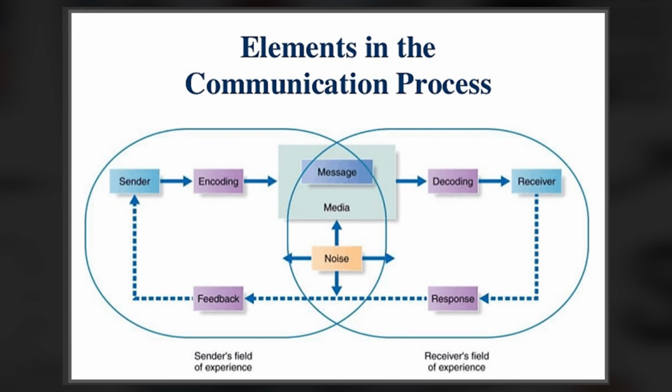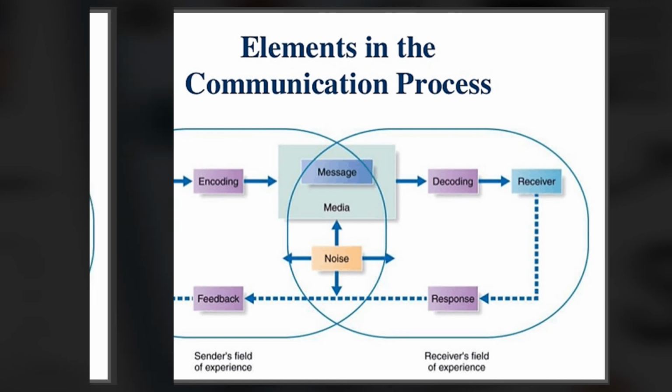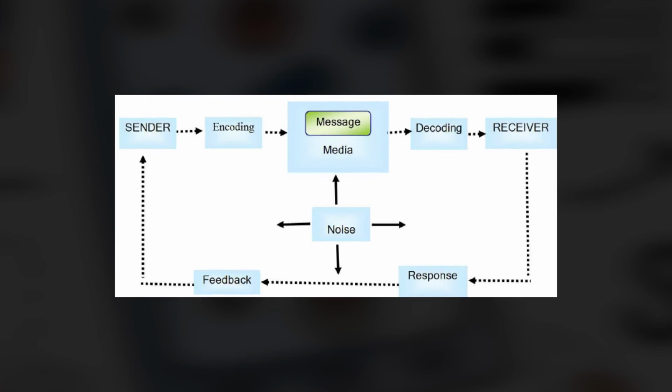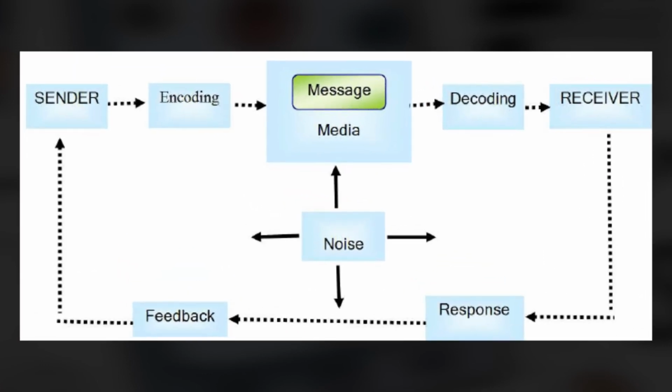If there is a problem, then there is noise. So another diagram is: sender, encoding, media, that is called channel, decoding, receiver, response, feedback, noise. In that way, this is the process of communication, and the sender, encoding, message, decoding, receiver and feedback are the various elements of communication.